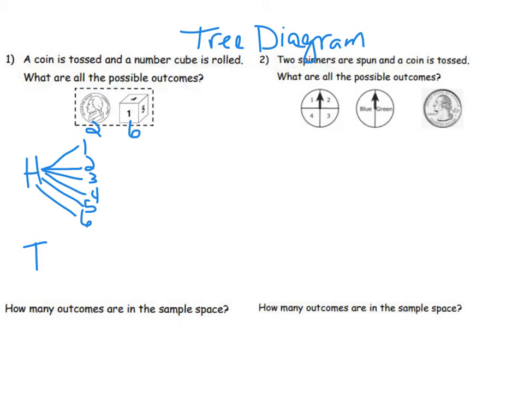So all we did is, I know that the coin could fall on heads, and then the cube could fall on 1, 2, 3, 4, 5, or 6. And then also, with the tails, the cube has the same outcomes, so you're just combining those two.